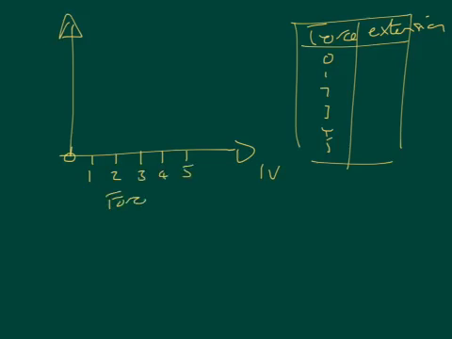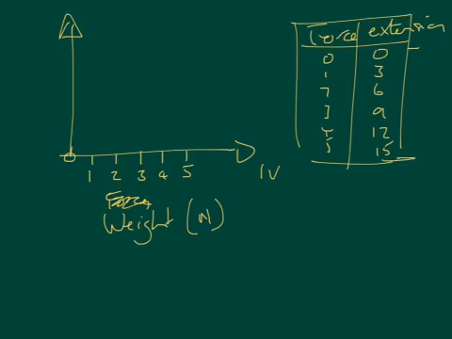And we label it. Actually, we'll call it weight in newtons. And then our extension up the sides. Now that might be 0, 3, 6. So what we're going to do is go up in equal steps up to 15.